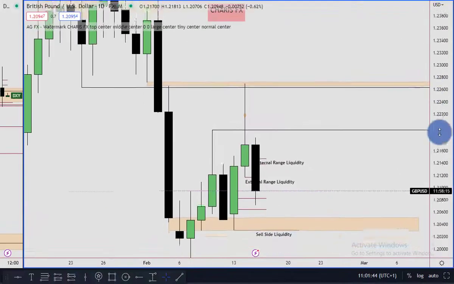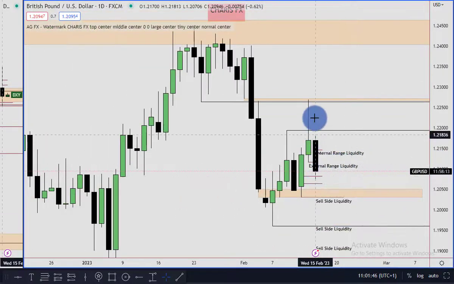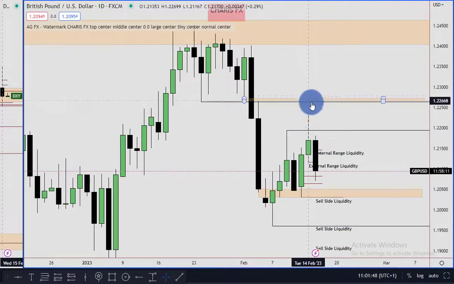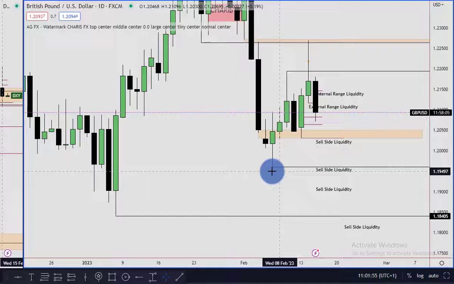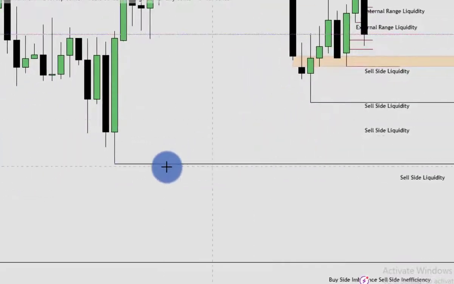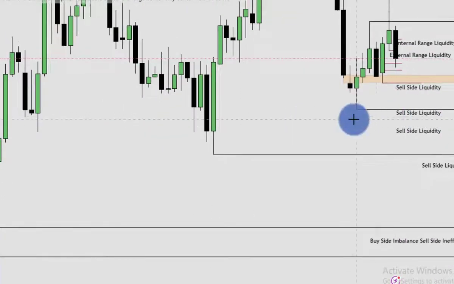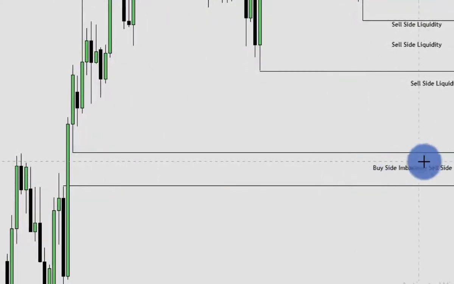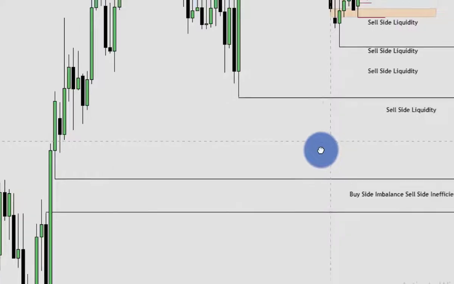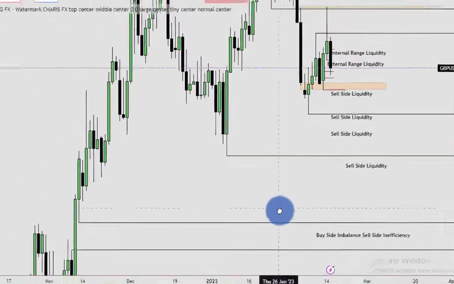So yesterday during CPI, there was an injection of liquidity into that point of interest, and we started to short from this point, and we are going to attack the sell side liquidity residing below this low, and we should head for this buy side imbalance and the sell side inefficiency downwards. This is what I'm looking at on the GBPUSD.